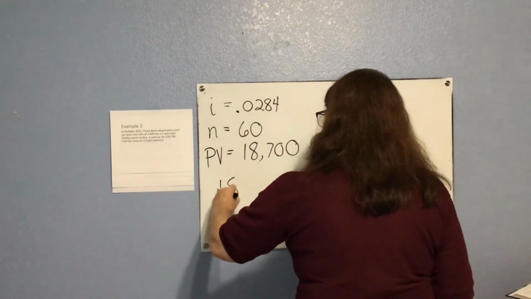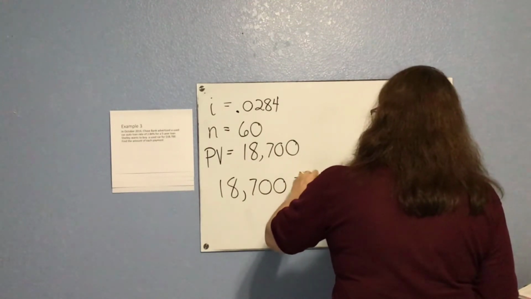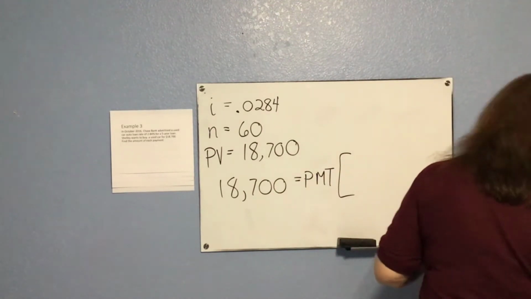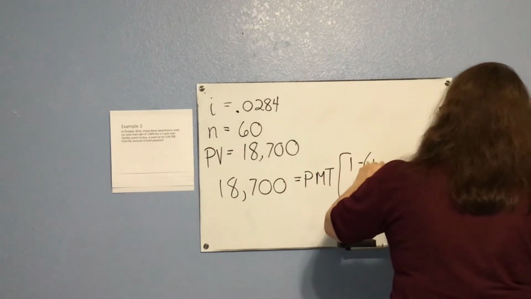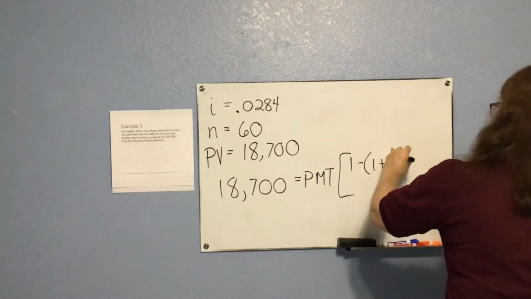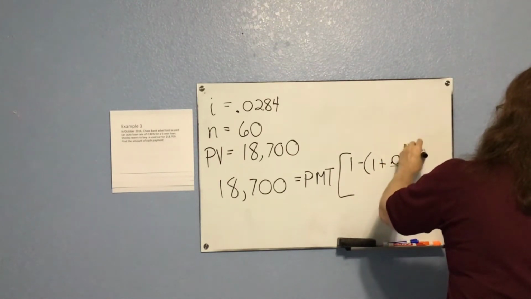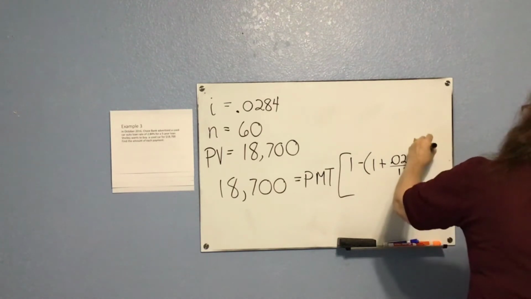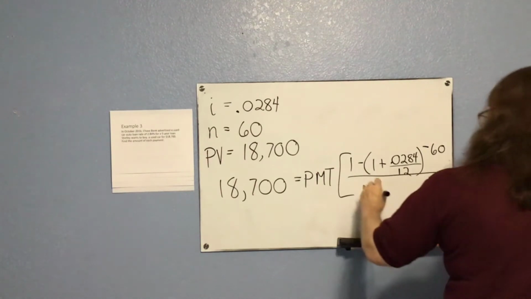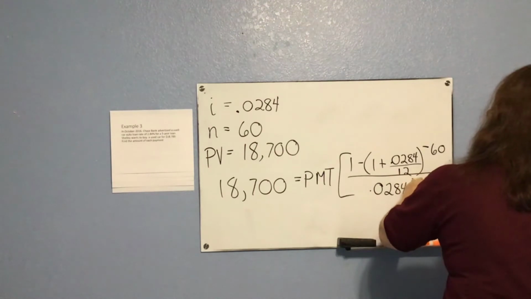So we'll start with 18,700 is equal to the payment times 1 minus 1 plus my interest rate, 0.0284 over 12, to the negative 60, over 0.0284 divided by 12.